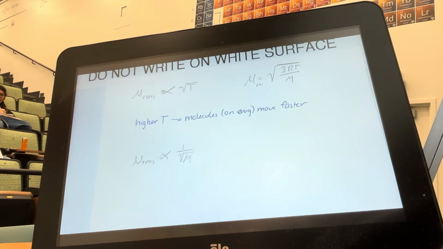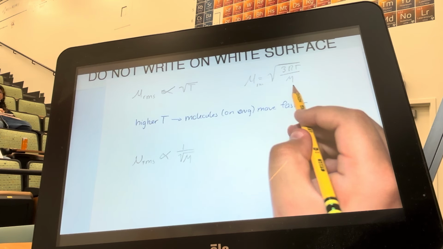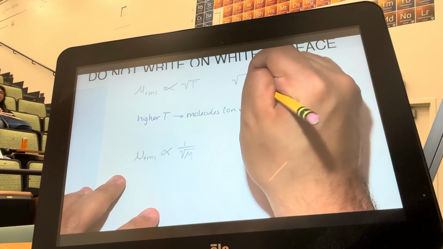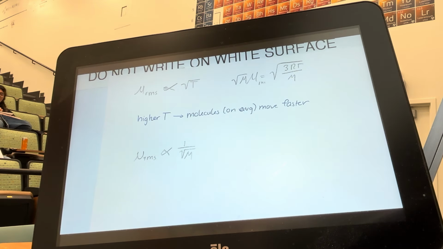Because M is in the denominator, if you multiply both sides by the square root of M, you'll get the square root of M here. And what we learned from PV equals PV is that if one goes up, the other goes down. So that's where that comes from. That's why it's such an important concept, because understanding this can be applied anywhere and will save you so much time, especially coming into equilibrium.